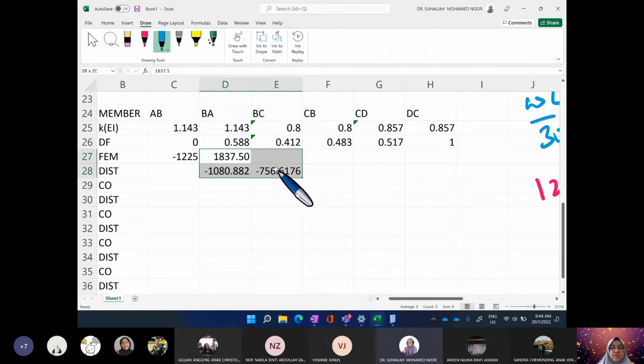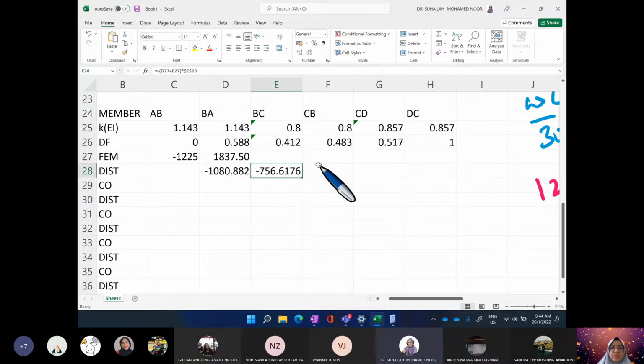Okay, and the total of these four values must equal 0. Then there's no value to distribute for joint C and joint D.